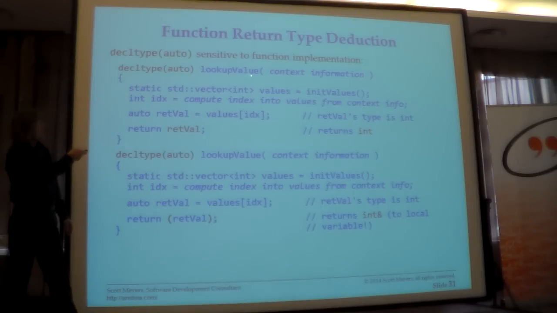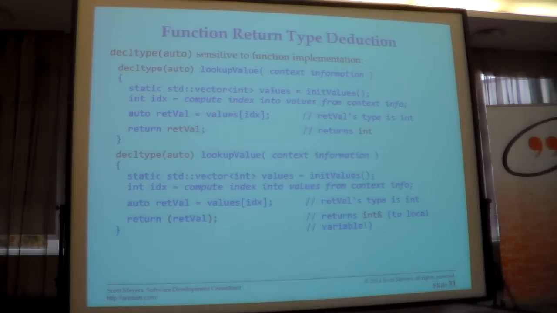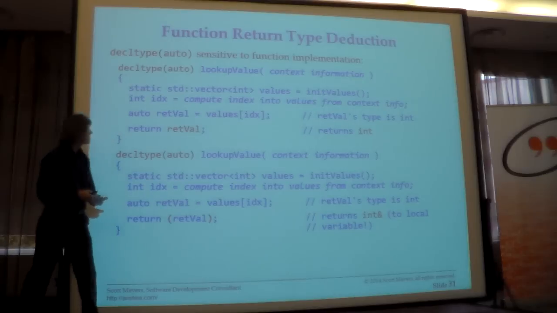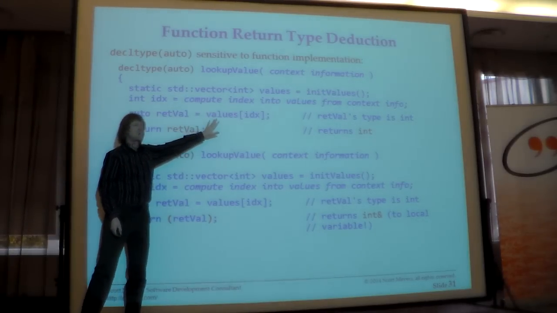So here's lookup val, lookup value. We saw this before. Let's suppose that what I decide to do now is use a decltype auto return type. In the previous implementation, I used an auto return type because I wanted a copy. But notice I have a slightly different implementation now. What I've said is auto retval is value sub IDX.